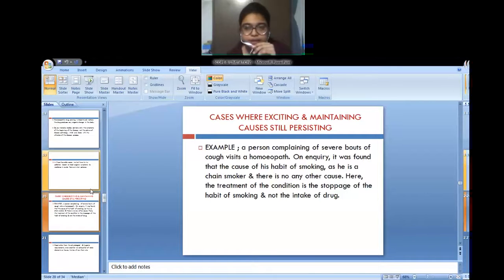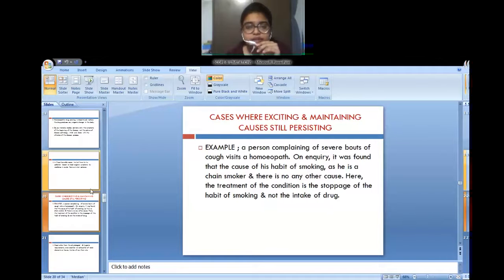On inquiry, it was found that the cause is his habit of smoking, as he is a chain smoker. That is the cause behind the cough, and there is no other cause.